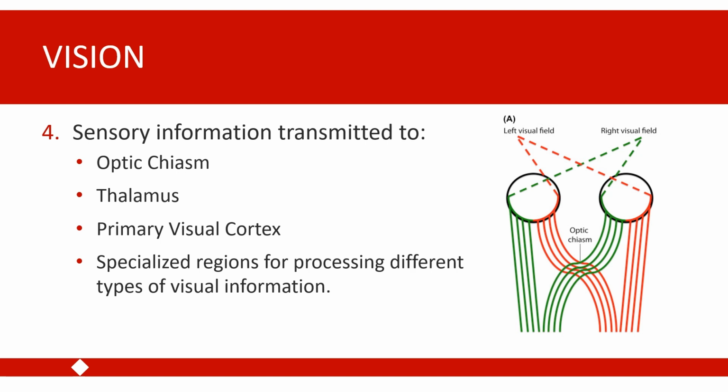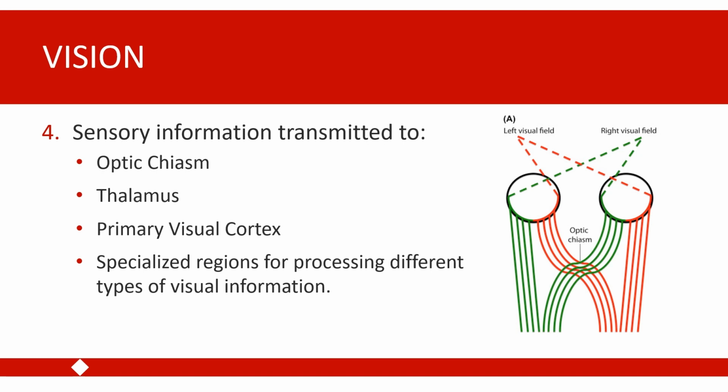So information from the left and the right visual fields of the environment is perceived by photoreceptors on the retinas of both eyes. Information from the left visual field is going to be processed in the primary visual cortex of the right hemisphere of the brain, and visual information from the right visual field of the external world is going to be perceived by photoreceptors on the left side of the retina and is then going to be processed by the visual cortex in the left hemisphere of the brain.